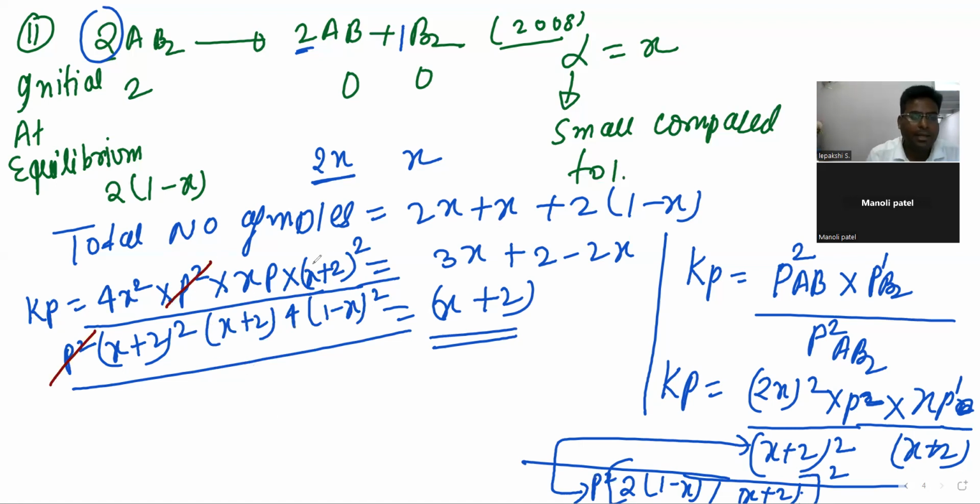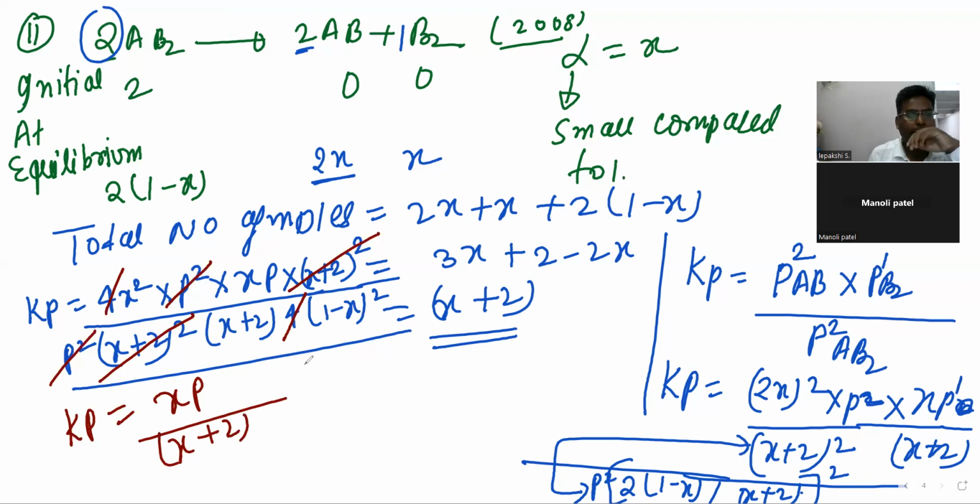P square will cancel, x plus 2 whole square will cancel with this one, and this 4 and this 4 will cancel. So Kp is equal to x into P divided by x plus 2. Remaining parts are x square, and 1 minus x whole square.